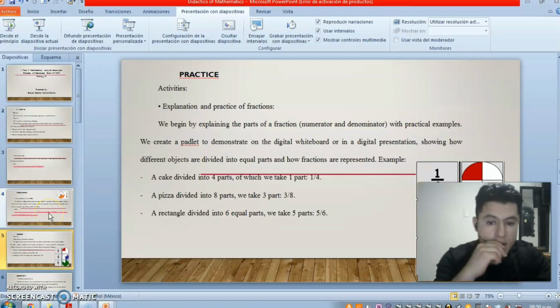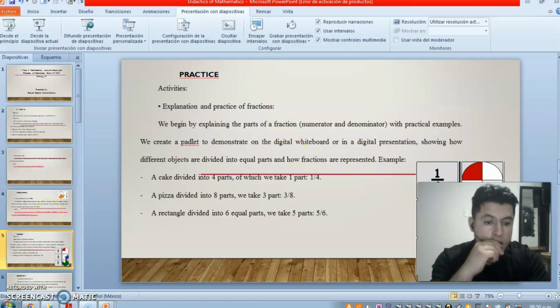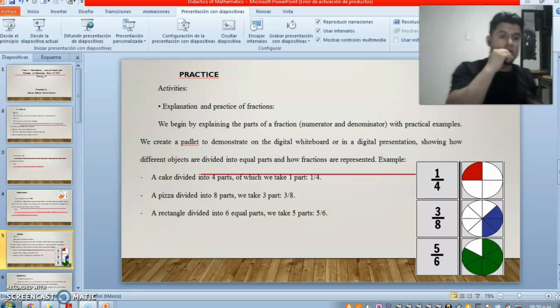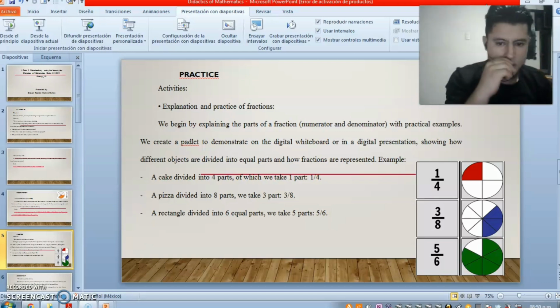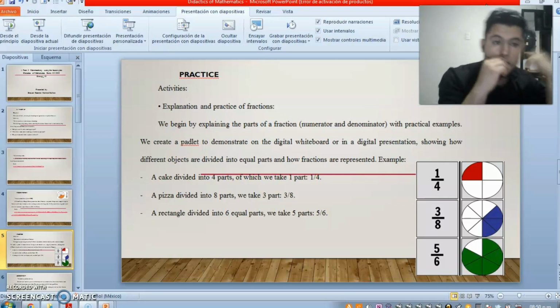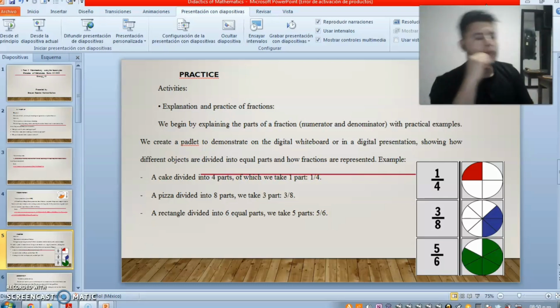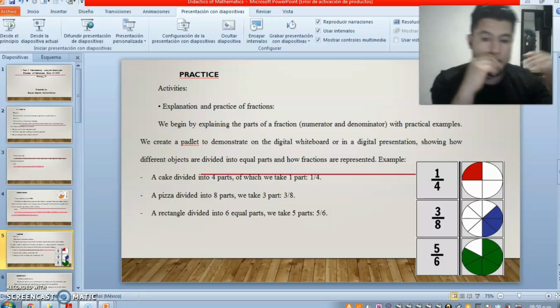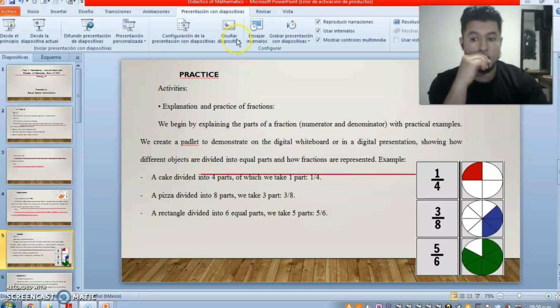Okay, this is the practice. It's time to get down to business. You already know what the parts of fractions are: the numerator and the denominator. Remember, to make it clear, here are two practical examples. If we have a cake divided into 4 parts and we take one part, that's 1/4.